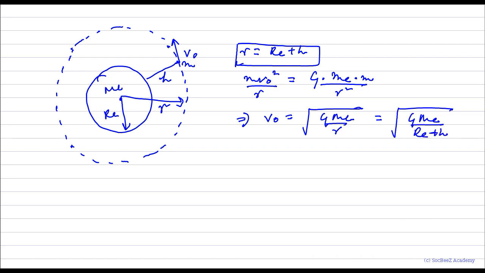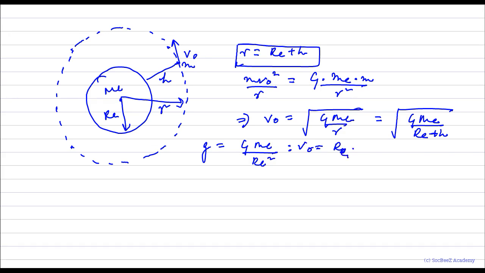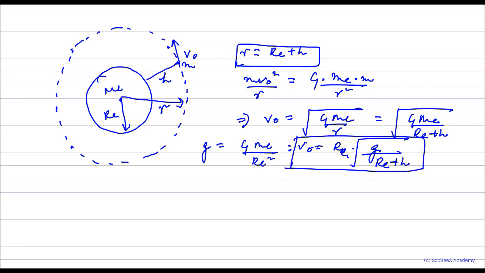In terms of g, where g is G Me upon Re square, I'll get v naught as Re into root over g upon Re plus h. So this is going to be the orbital speed of a satellite which is at a height of h from the surface of the Earth.